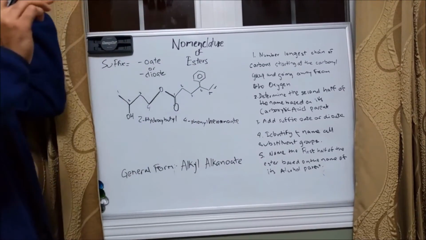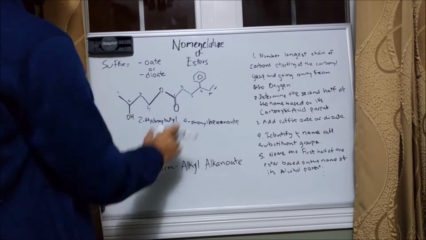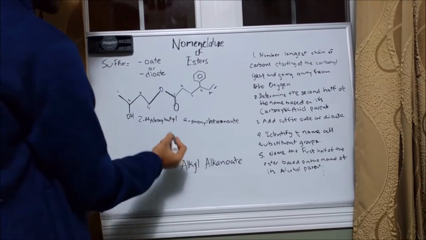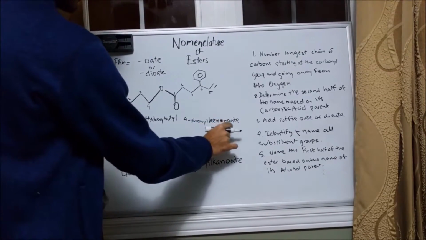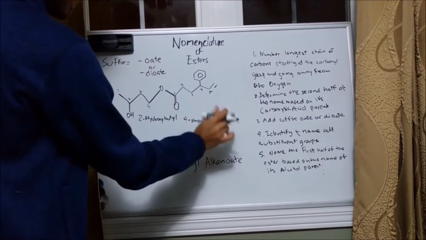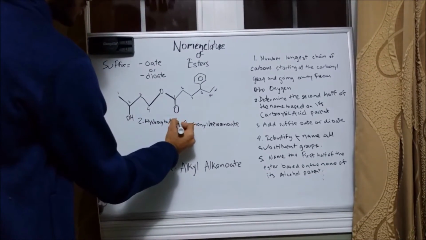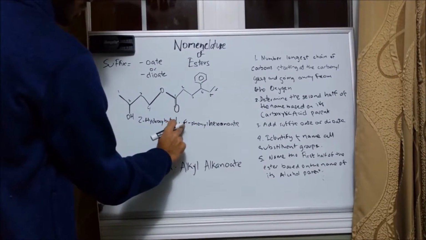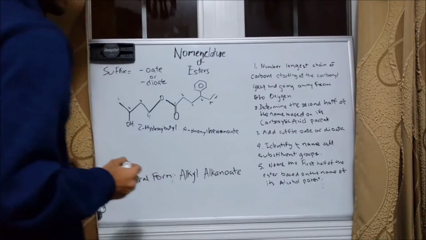The first part's from the alcohol parent, and the second part is from the carboxylic acid parent that formed this ester. I named the carboxylic acid parent because I want to get my root and my suffix done and placed. Then I named the alcohol parent, and there's a space over here, so you write this name with a space, not with a dash. So there we go, 2-hydroxybutyl 4-phenyl hexanoate.